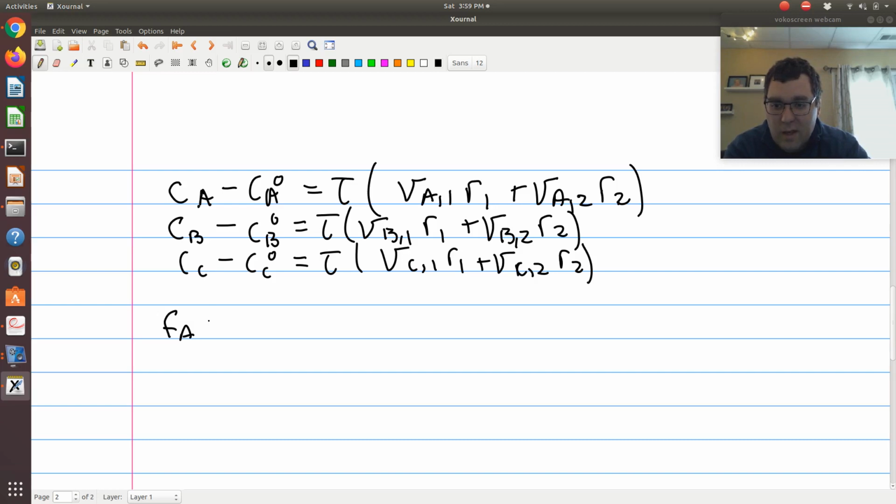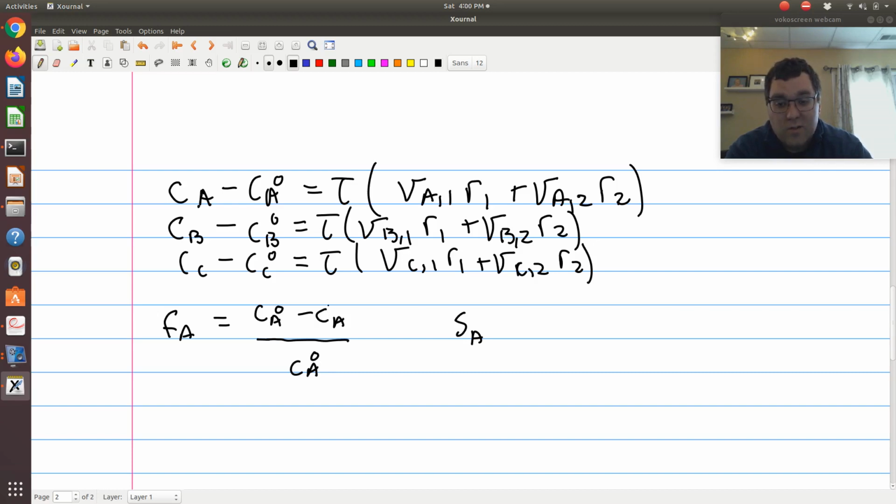If I was just looking at how much of A going into my CSTR is consumed, well, it would be how much went in relative to what's coming out, divided by how much went in in the first place. That's the fractional conversion. So it'll go to 1 when all of my A is consumed.